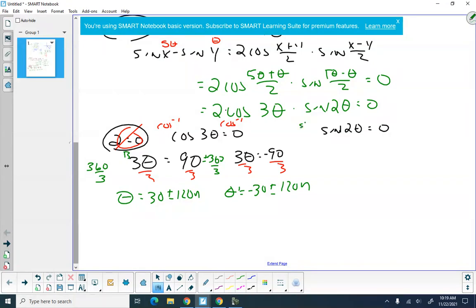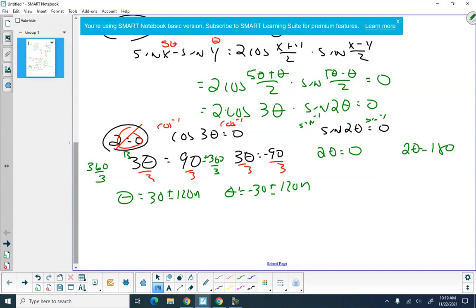Inverse sine of 0, we get 0. So we have 2 theta is equal to 0. Or its supplement, which is, what do we add to 0 to get 180? Well, that would be 180. So we have 2 theta is equal to 180.